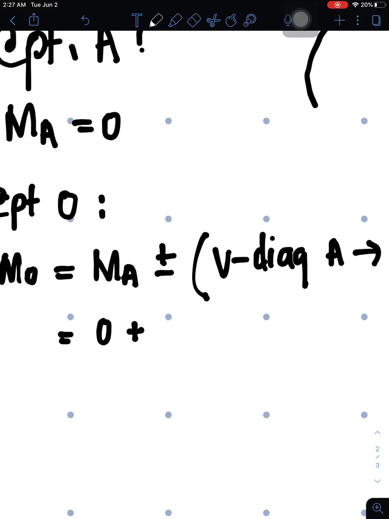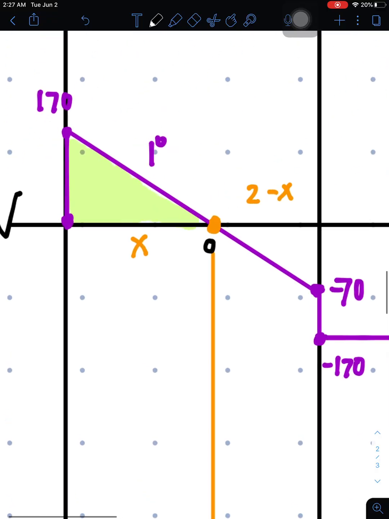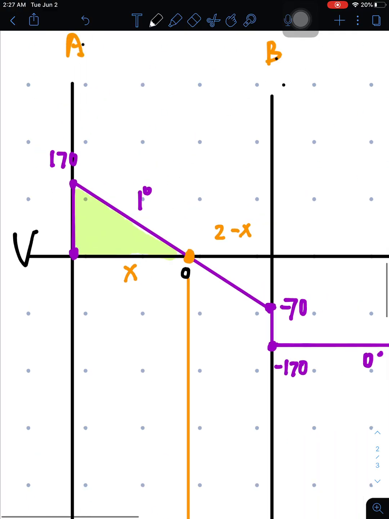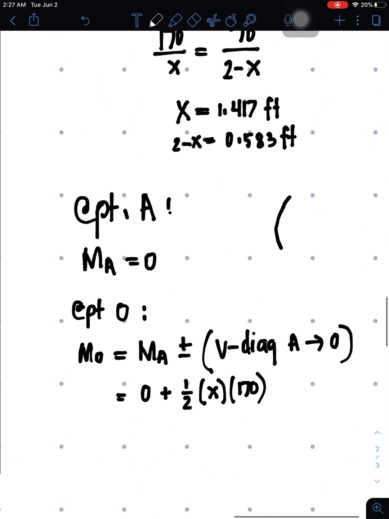Plus, the area of a triangle is 1/2 of the base times the height, and the height is 170. Yes, this is our base and this is our height. 170 is the height, x is the base.